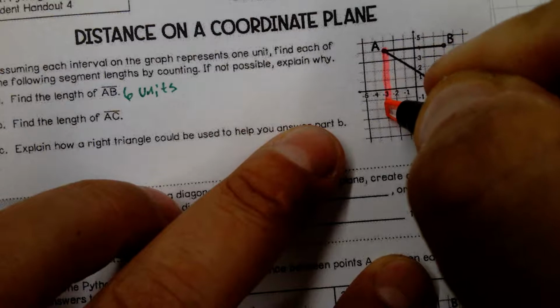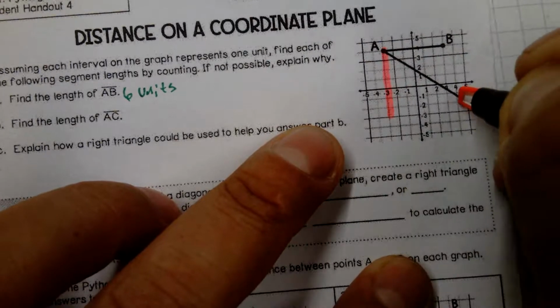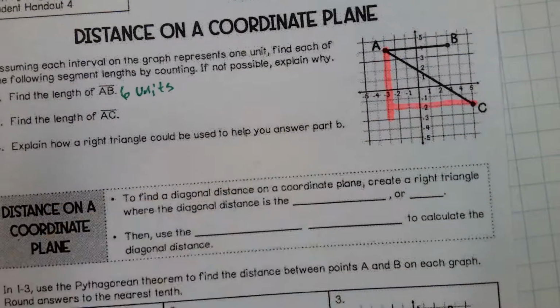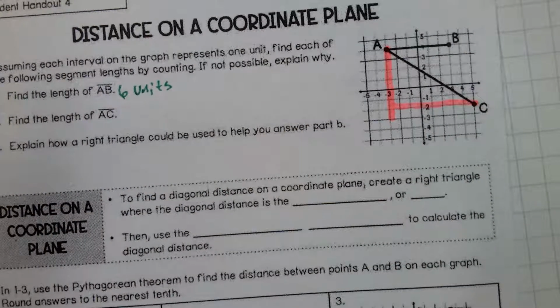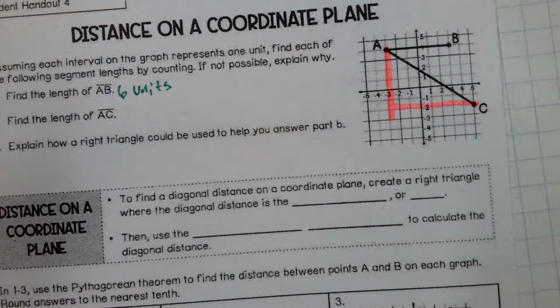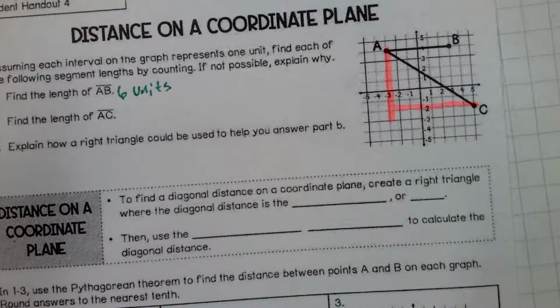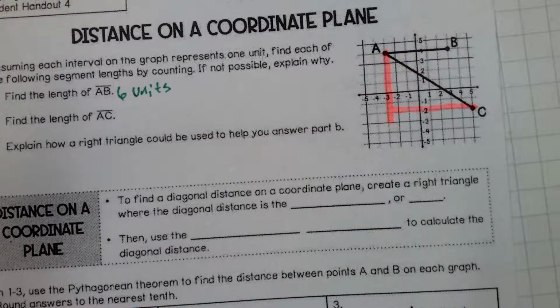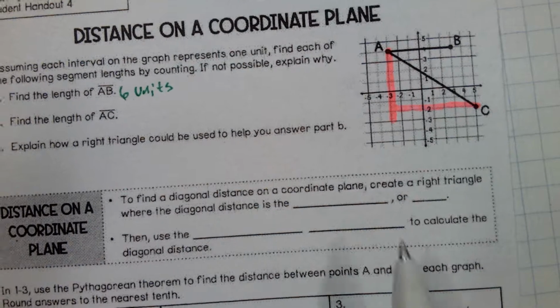So if we form a right triangle, do you see how we could find that length now? Assuming we could find the length of each leg, is that possible? Yeah, that's easy, right?